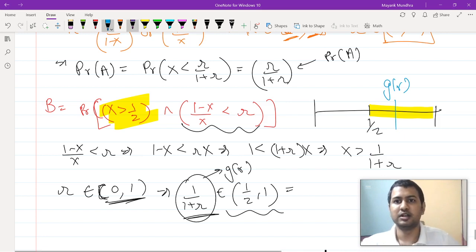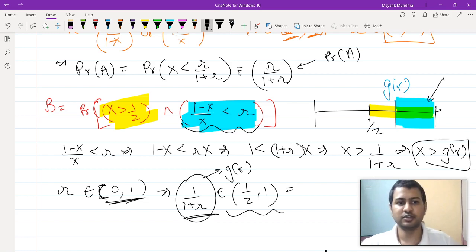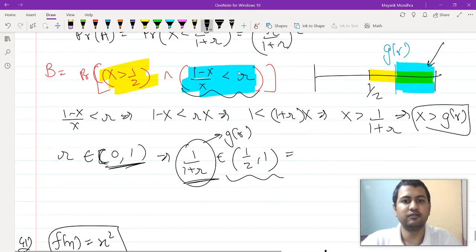So condition 2 will basically boil down to x greater than g of r. So x greater than g of r is this region. Obviously x greater than g of r is the stricter condition, because g of r is definitely going to be something greater than half.